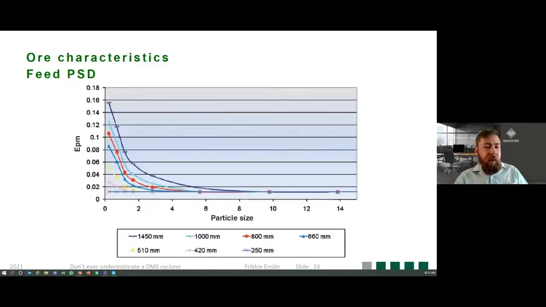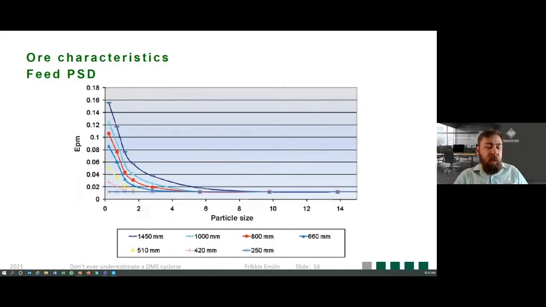So here's a graph showing particle size on your x-axis and then EPM, a measure of efficiency, on your y-axis. Remember, the higher the EPM, the worse it is. So you want as low an EPM as possible for good efficiency. Now there are different colored graphs representing different cyclone diameters.